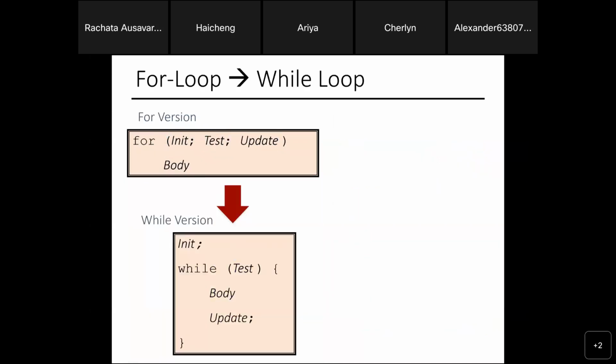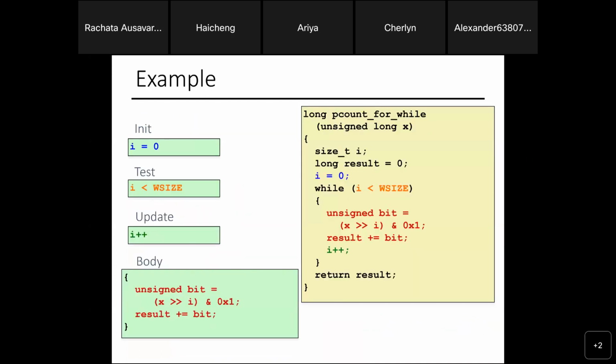So here is the first conversion to the while loop: init, test, body, update, right? Which means that you have init, test, and update. The body is just shifting and writing the results.